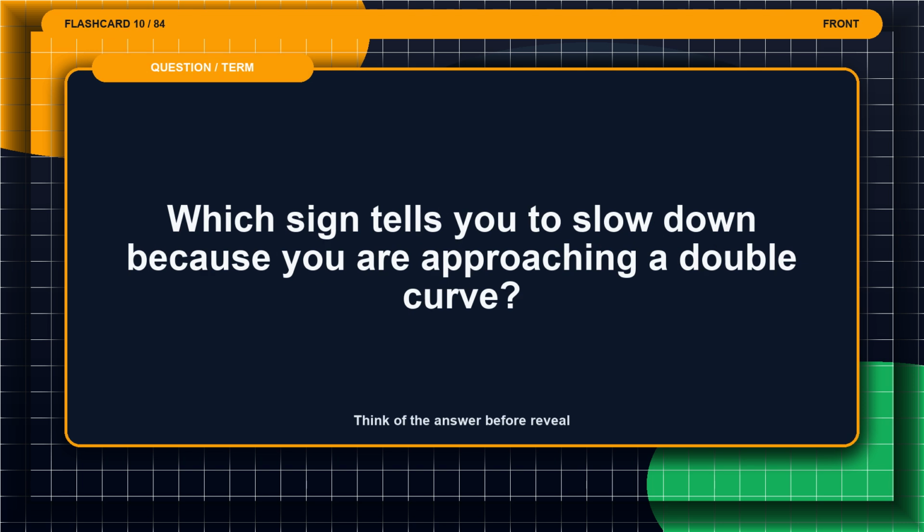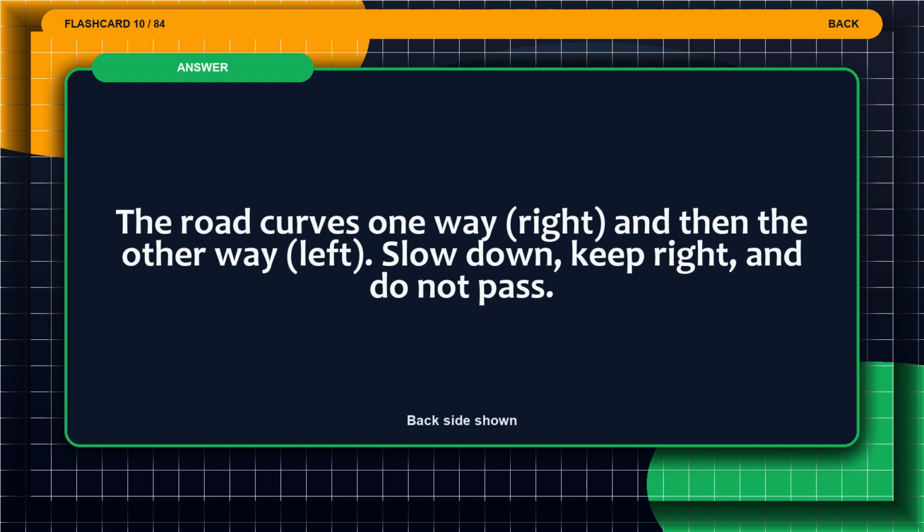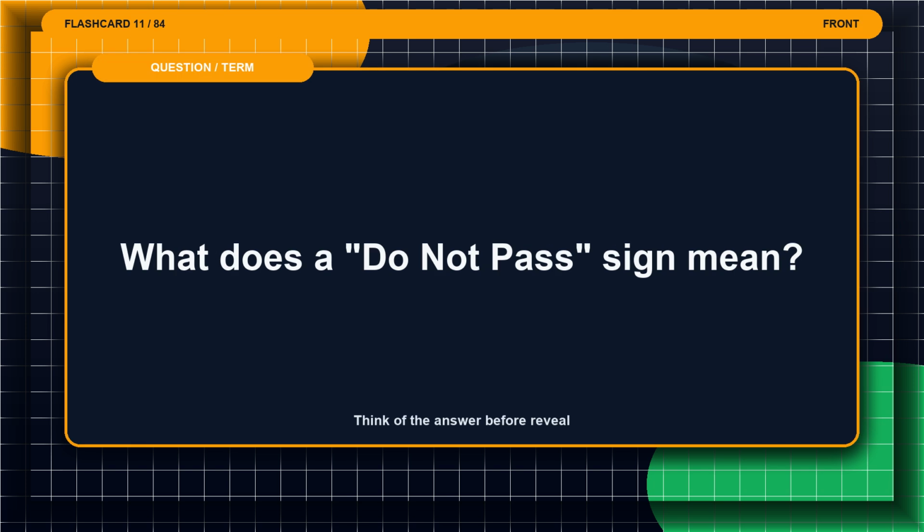Flashcard 10. Which sign tells you to slow down because you are approaching a double curve? Think of the answer before the reveal. The answer is the road curves one way right and then the other way left. Slow down, keep right, and do not pass. Flashcard 11. What does a do not pass sign mean?